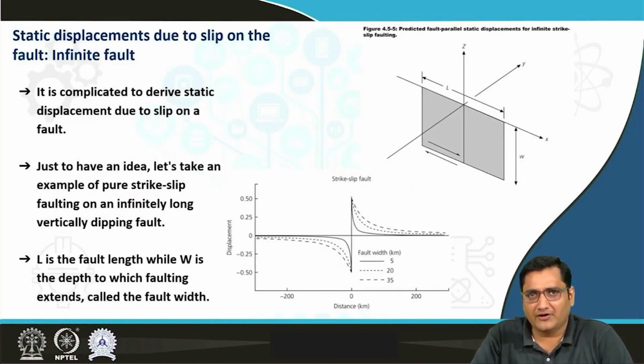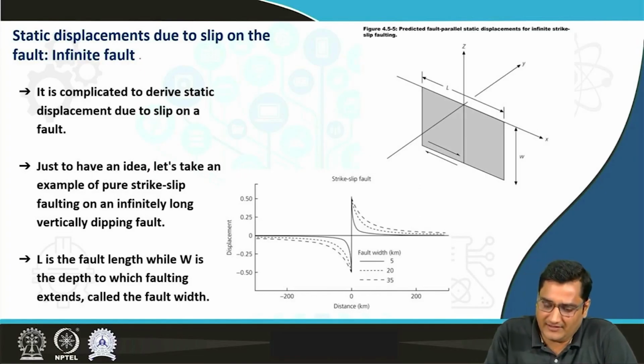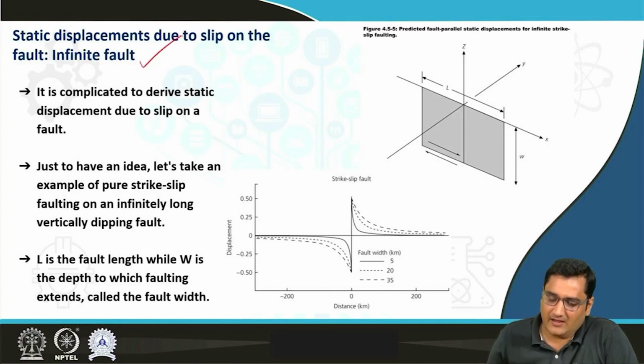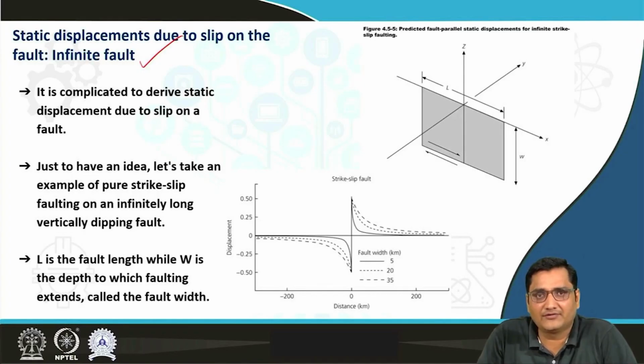Now let's talk about the static displacement due to slip on an infinite fault. It is sometimes complicated to derive the static displacement due to slip on a fault. In order to have an idea about it, let's talk about an example of pure strike slip faulting on an infinitely long vertically dipping fault such as this one.